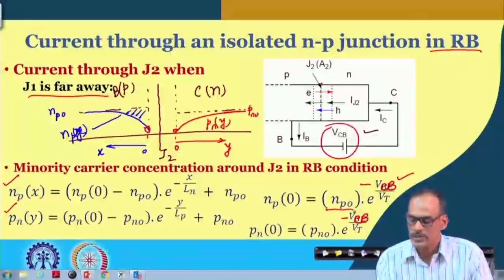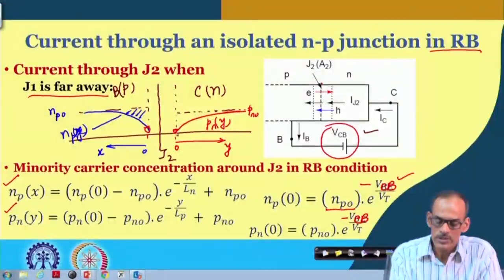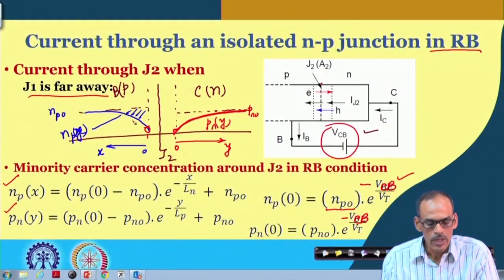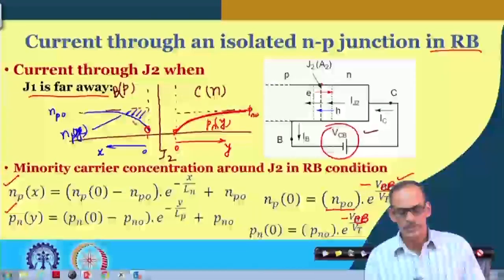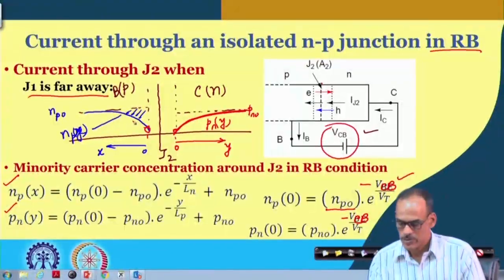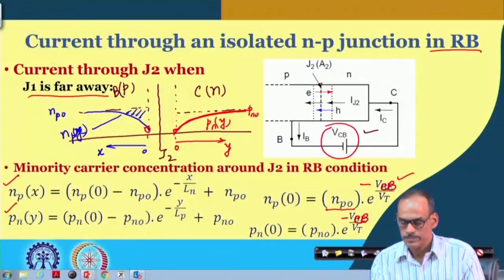So, this part is going to 0. That means the minority carrier concentration starts almost at the edge with 0, and then rises exponentially like this. That is the main difference. Otherwise, the expression of the current remains the same as what we discussed in the previous slide.